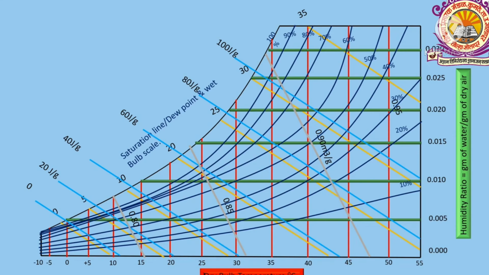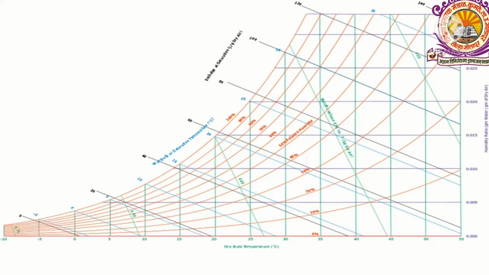Taking one example, we can see how to use the psychrometric chart to find the psychrometric properties of air. This is a psychrometric chart. With reference to this, we have to solve one problem. To locate the point on this graph, we must know any two properties of the air.